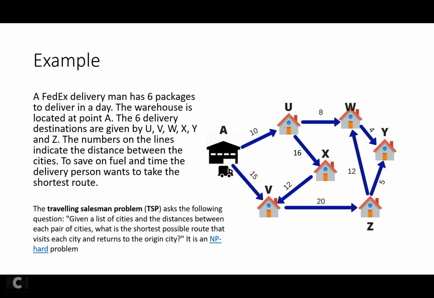And they have the distance, the path weight, the cost for delivering packages from A, the warehouse, to house U, or from house U to house W.